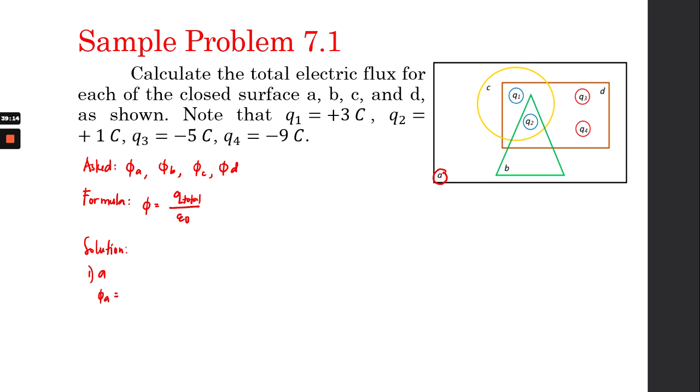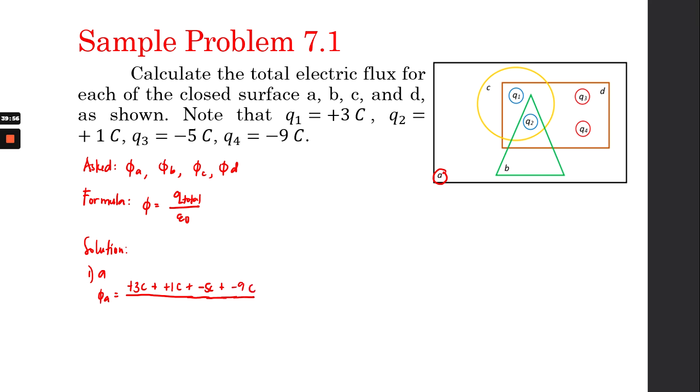So all the charges inside, all the charges are actually just inside of A. So Q1, Q2, Q3, and Q4 are all found inside A, or surface A. So the Q total for A is equal to positive 3 coulombs plus positive 1 coulomb, plus negative 5 coulombs, and then plus negative 9 coulombs.